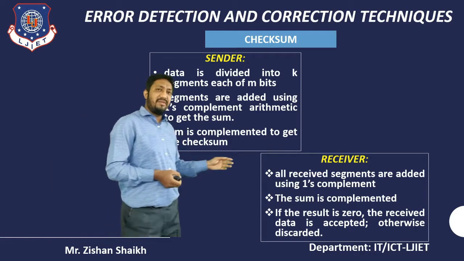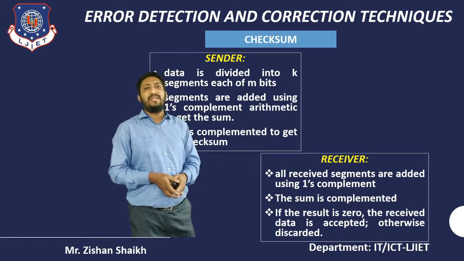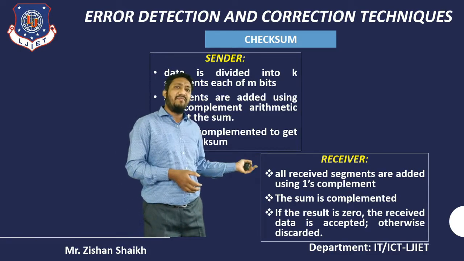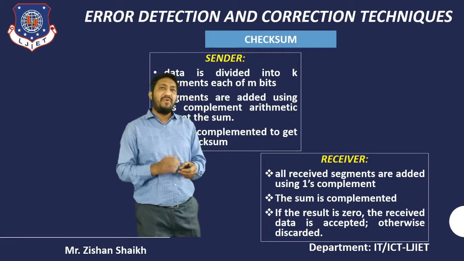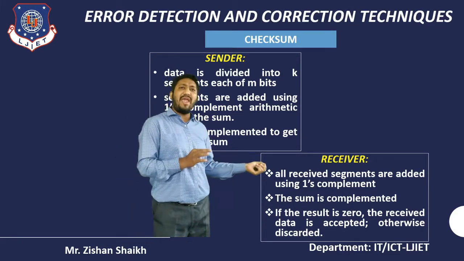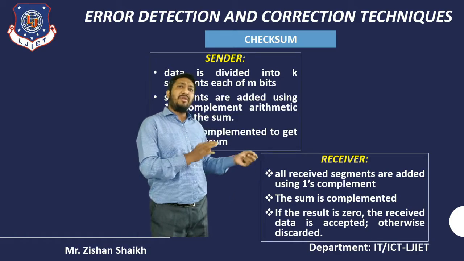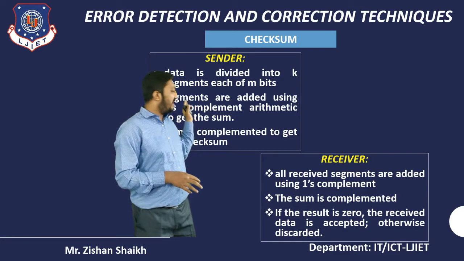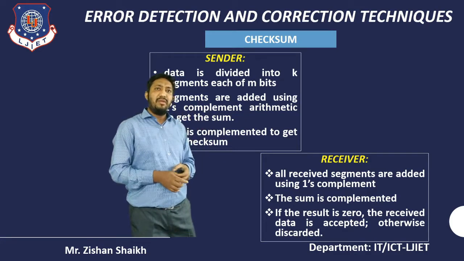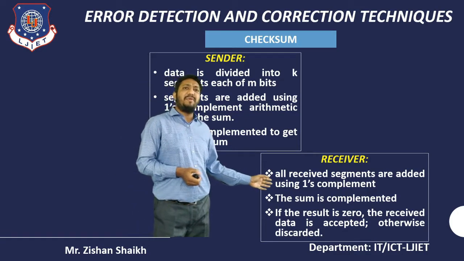So let's understand the receiver. What happens at the receiver side? At the receiver side, all the segments sent by the sender are received, and first it adds all those segments using the ones complement arithmetic operation already used by the sender. Then again the sum is complemented.